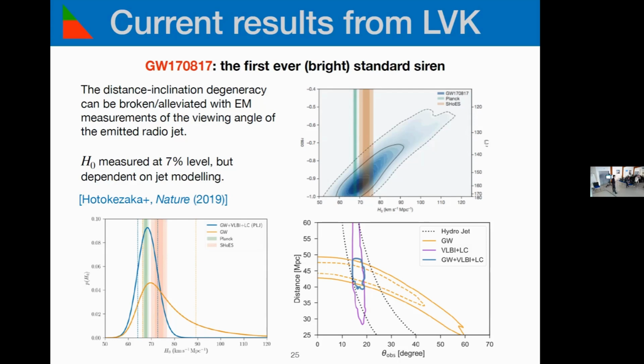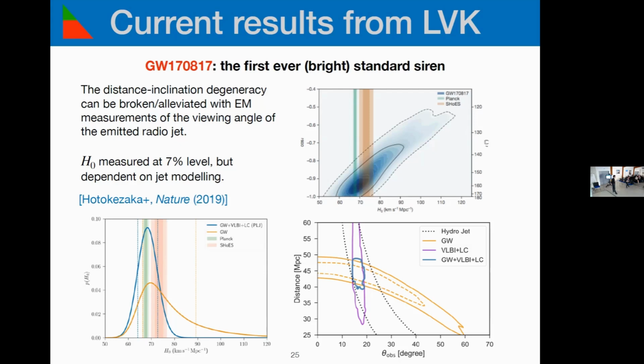Other questions? Yeah. Actually, just a quick comment on this very point, talking about systematics of electromagnetic counterparts. There was recently a paper by Michael Müller and Shubhadeep Mukherjee, I think, pointing out that this result from GW170817 could actually be much worse if you relax the assumption about the jet orientation.